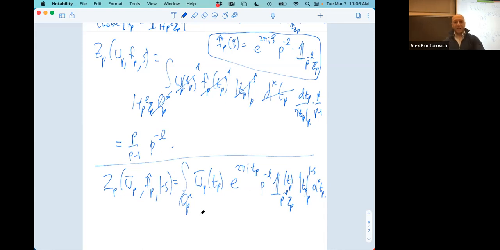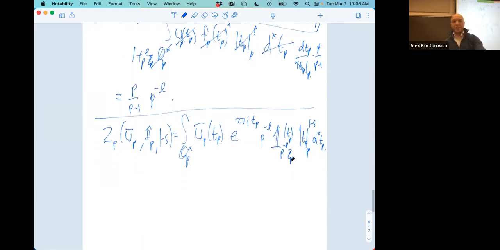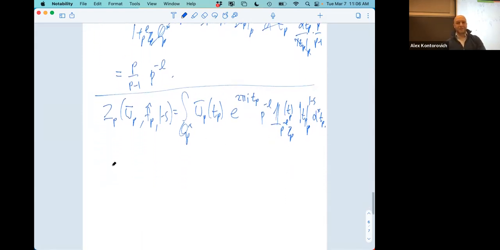Okay, this indicator function of t_P, I want to break this up. Let's look at this: t_P is in P to the minus L Z_P. So it looks like potentially some P to the minus L, but it could be some smaller power.